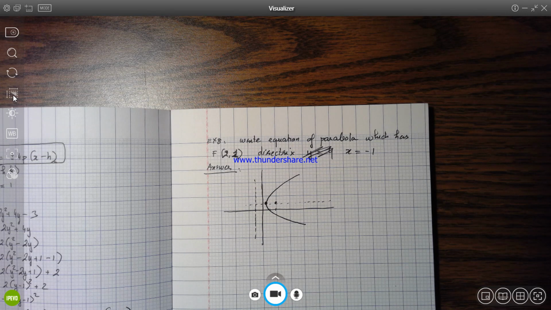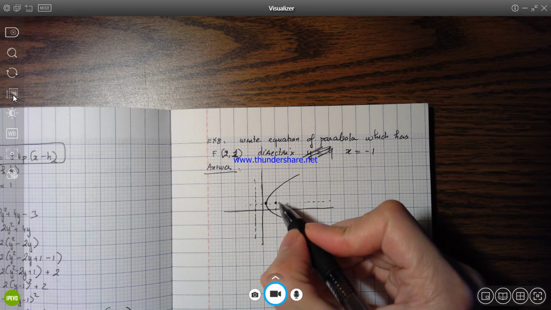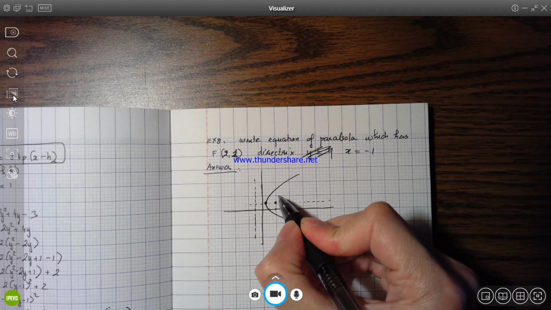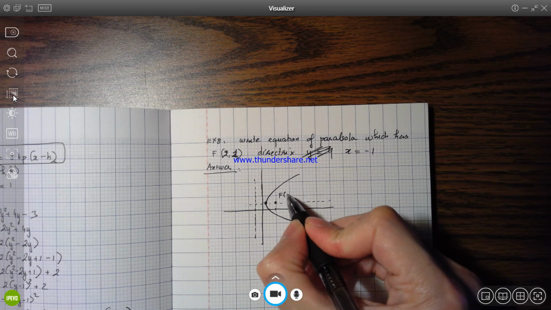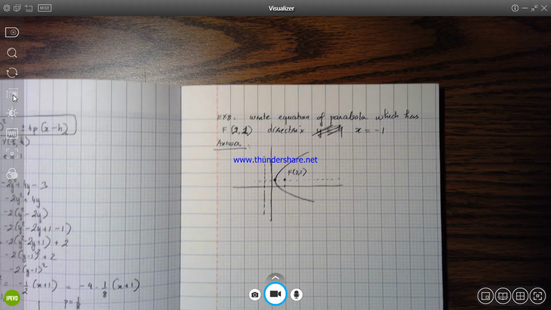The directrix is x equals -1. It means we need to find p. We need to find the coordinate of the vertex. It's very easy because F is (2, 1) already.